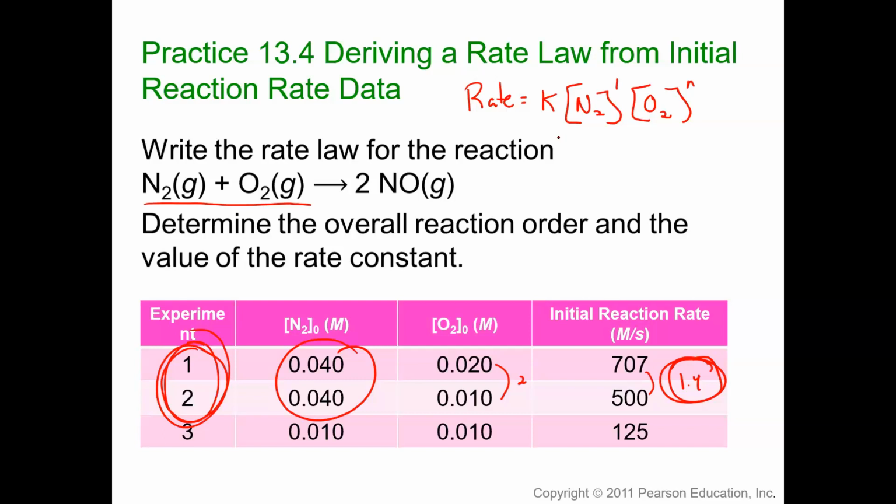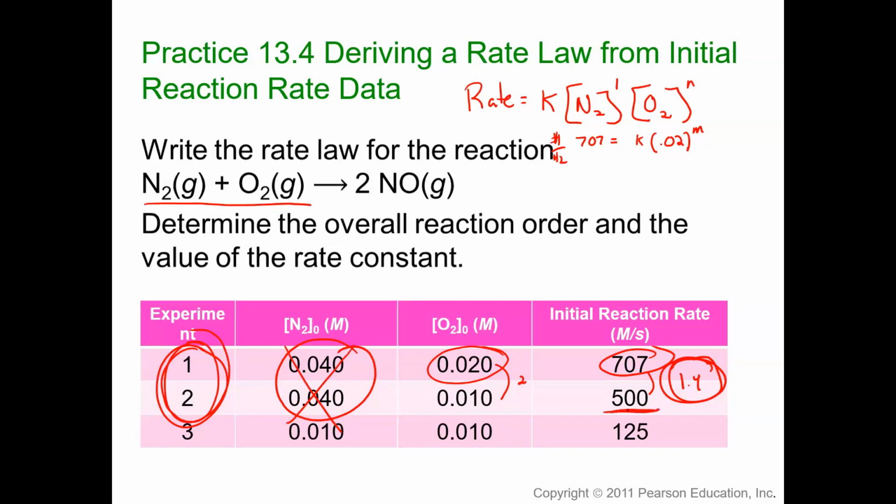So number 1 is just 707, the rate. 707 equals K times 0.02 to the M. And again, this is going to cancel out, so I'm not even going to put it in.